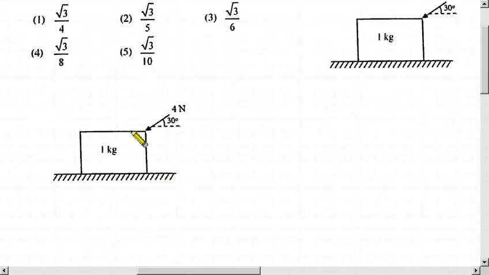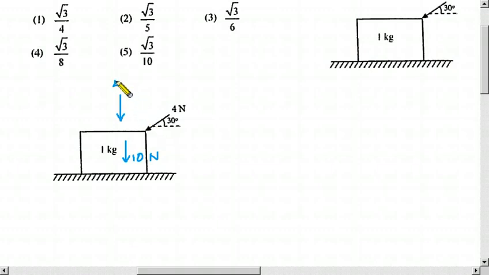So the gravitational force due to this mass is 10 Newton downwards. It acts towards this surface as a thrust. So this given 4 Newton, we get the vertical component from that as a thrust downwards, because the arrow is downwards.